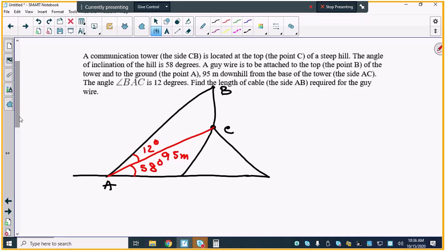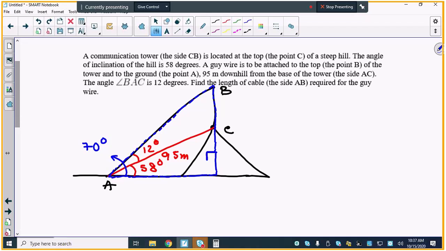The first thing I want you to understand, if I extend this side, then along with this side, the base on the ground and the guide wire from the ground to the top of the tower is going to form a right angle triangle. That's my first observation. Now think about the base angle of the right angle triangle. It is the sum of the angle 58 degrees and 12 degrees. So if you add them, you get 70 degrees.